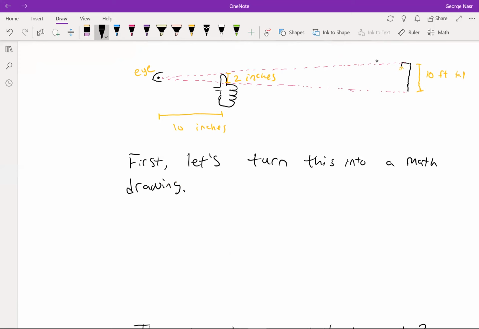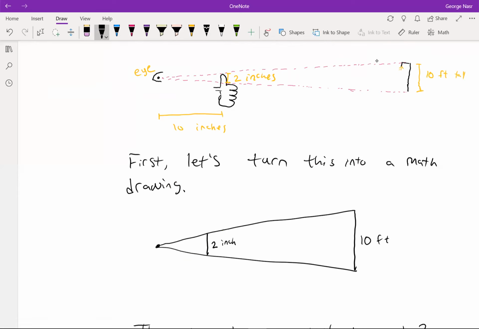So the eye is just going to be a small point. Then those two red lines, I'm just going to draw out like this. Here is my 2 inches, and here is my 10-foot long pole. Underneath it in blue I'll write 120 inches.